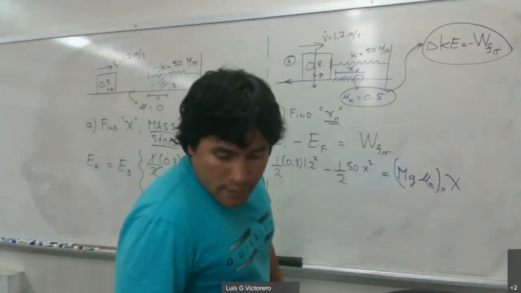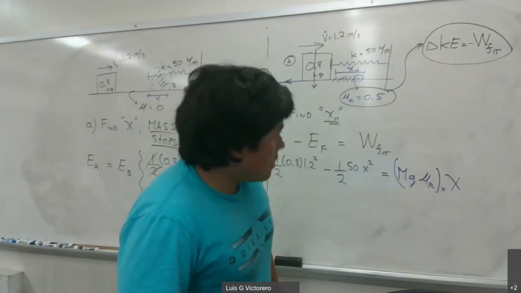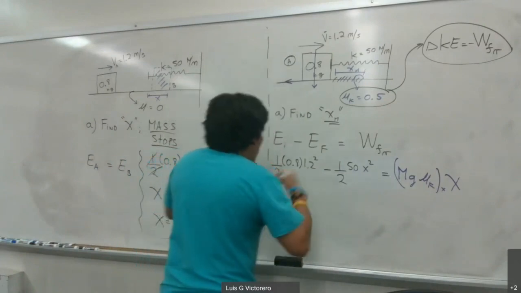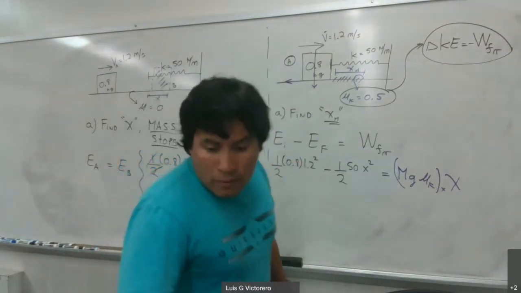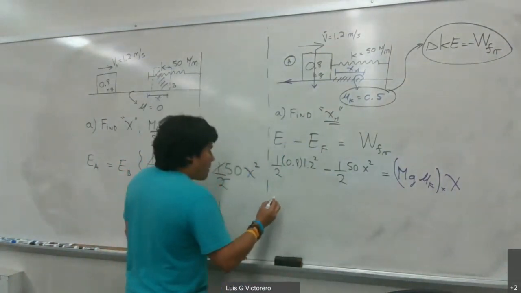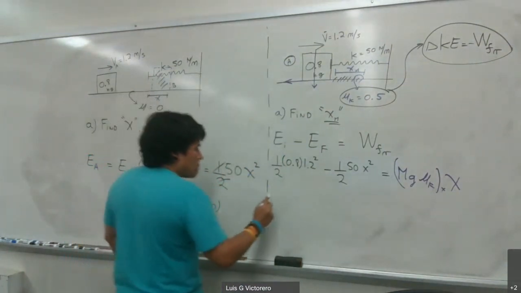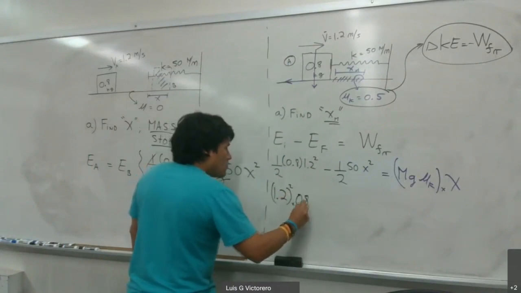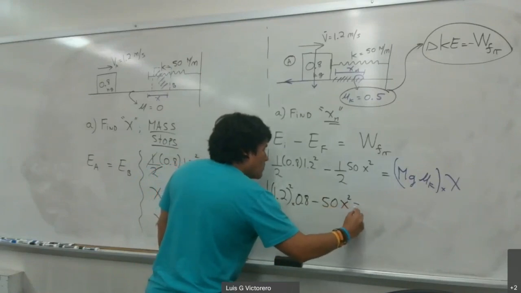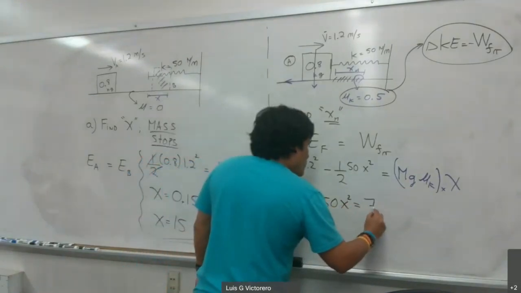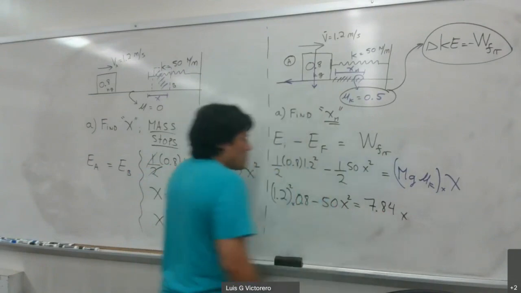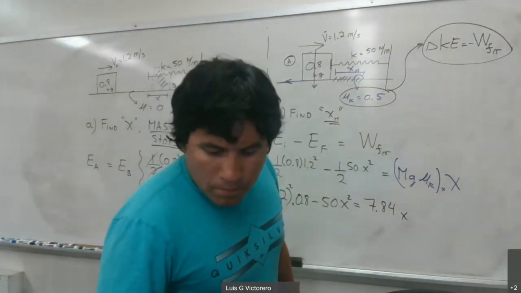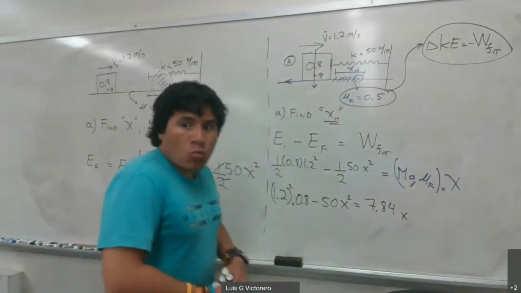You have all these values and you get a quadratic equation. Let's take a look. Mass times gravity times 0.5. So that 1.2 squared is 1.15.